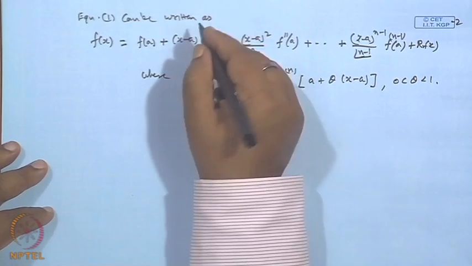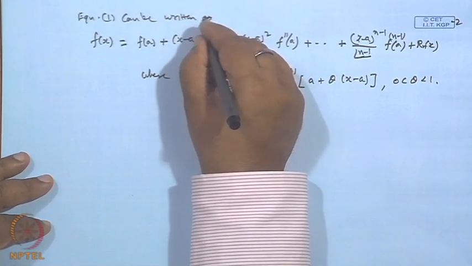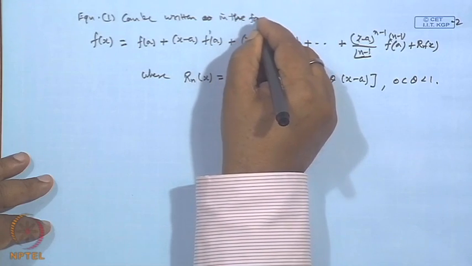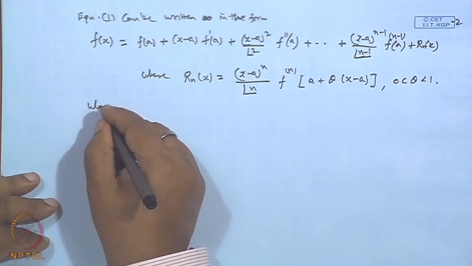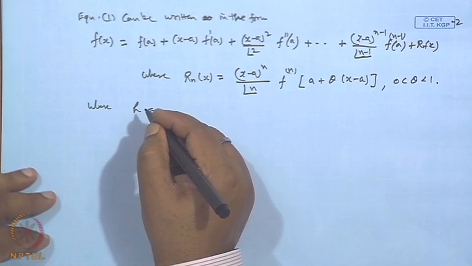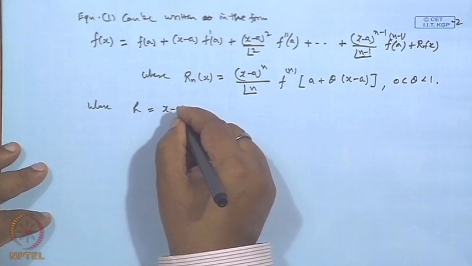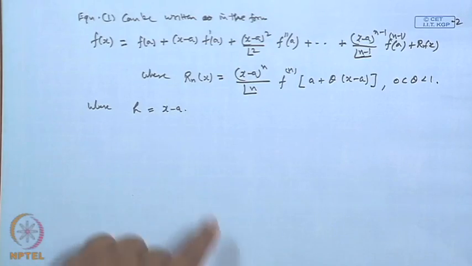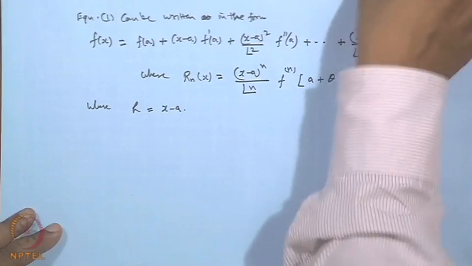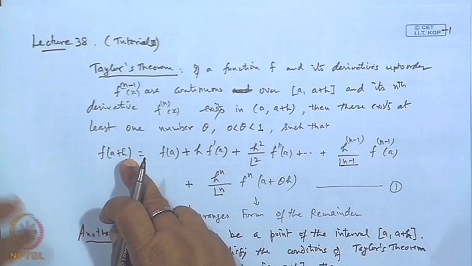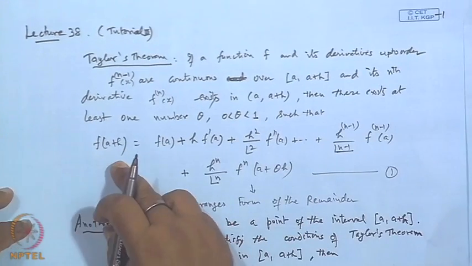Then equation 1 can be written in this form, where h is taken to be x minus a. So, in this form, if I take h to be x minus a, then the function is well defined.